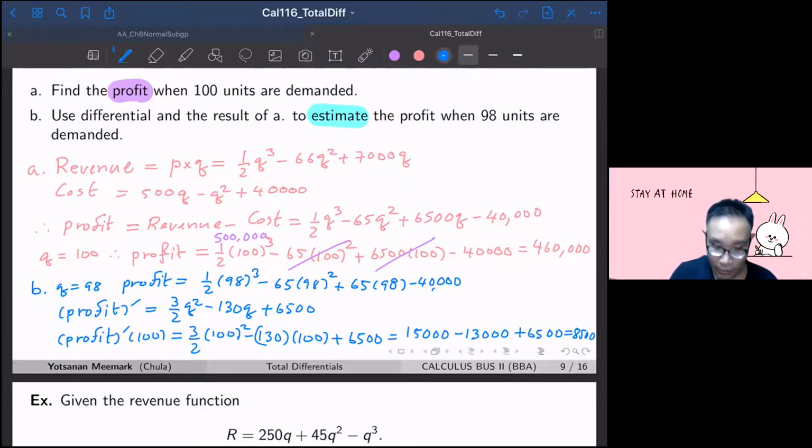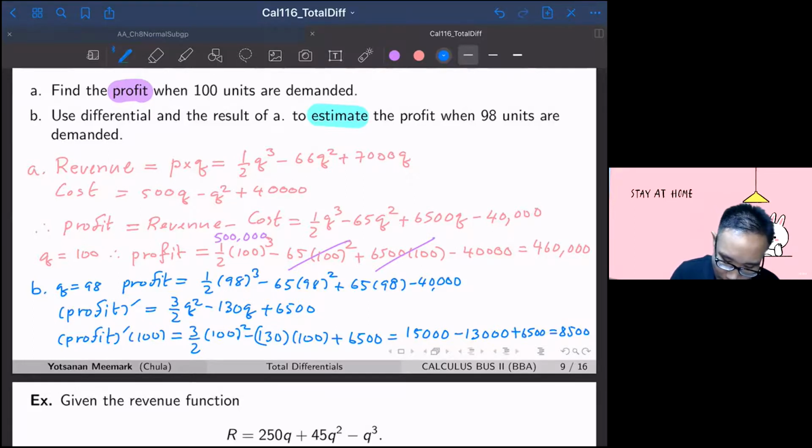Plus 65,000. So you have 85,000. So you have the profit prime at 100 equal to 85,000.